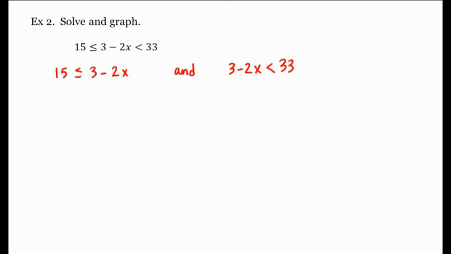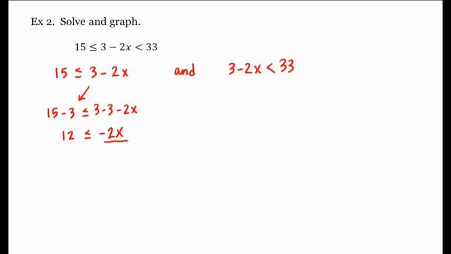Again, we can solve each inequality separately. So let's begin by subtracting 3 from both sides, which gives us 15 minus 3 less than or equal to 3 minus 3 and then minus 2x. And 15 minus 3 is 12. So we have 12 less than or equal to negative 2x, because the 3's will cancel.